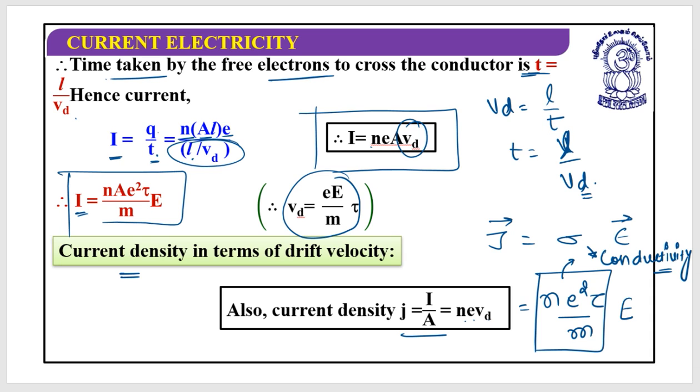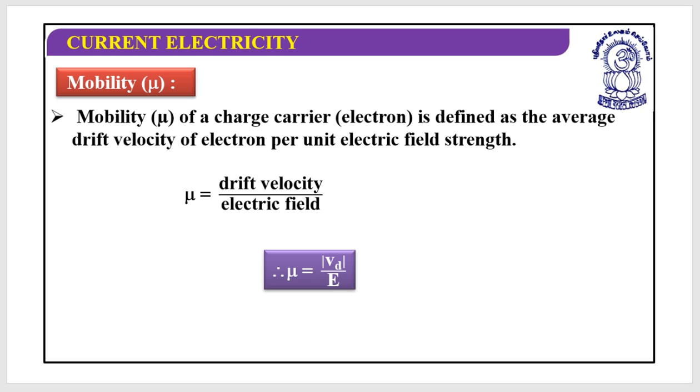Is it clear? Yes. So last is mobility. Mobility of a charge carrier is defined as the average drift velocity of the electron per unit electric field strength. So mu is equal to drift velocity Vd divided by E. This is the mobility.